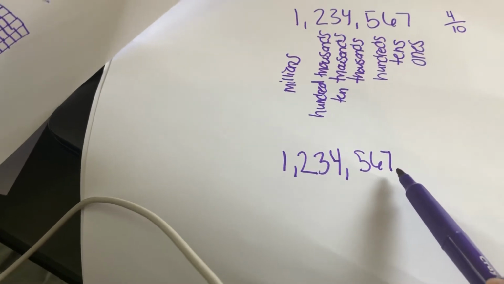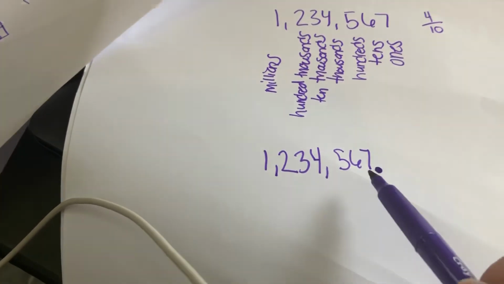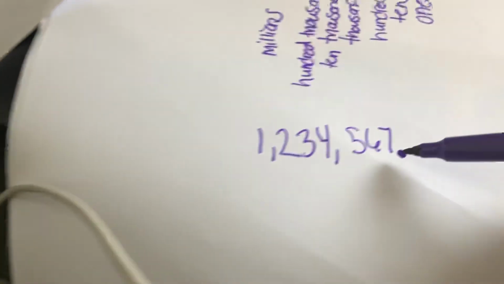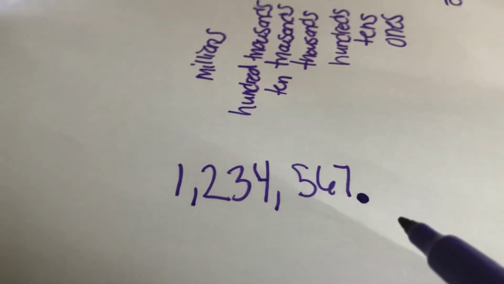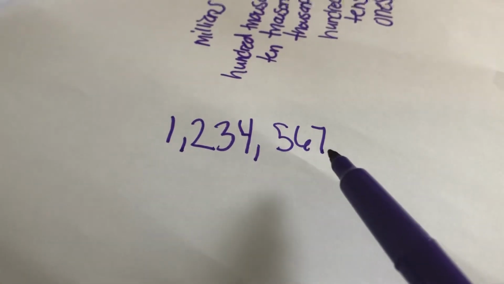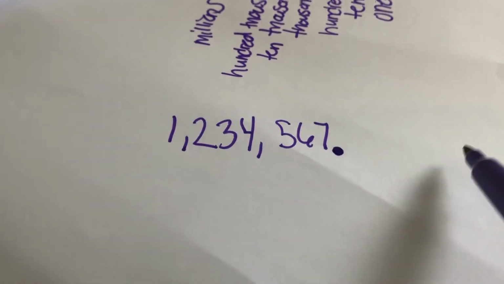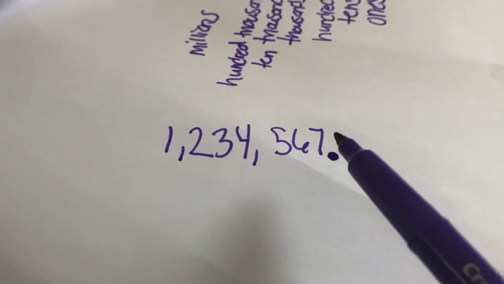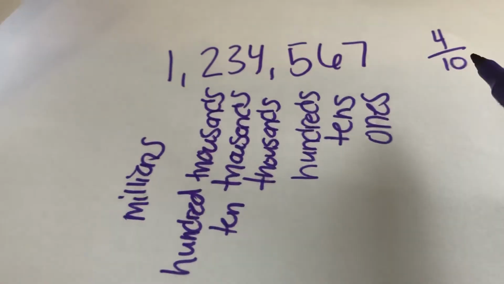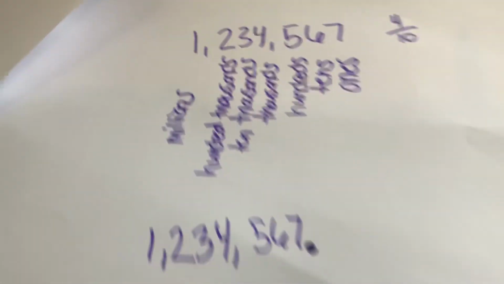Now, since we're talking about something that is less than 1, we put what we call a decimal. And all that is just a dot. And now we're going to work this way. All of the numbers that come after the dot represent a fraction, a number that is less than 1.